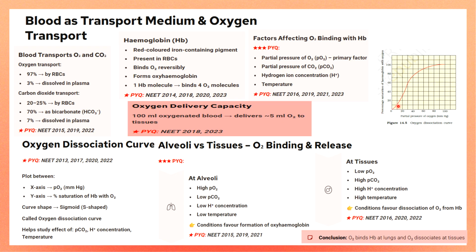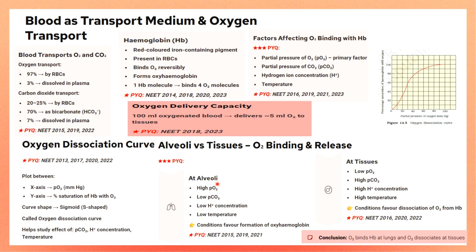It helps to study the effect of partial pressure of carbon dioxide, hydrogen ion concentration, and temperature. That is how the different factors affect the binding of oxygen and hemoglobin, or how much concentration or partial pressure of oxygen is required for saturating the hemoglobin with oxygen. To study that, we need this graph. Okay, we will study it in a little more detail in the next slide.